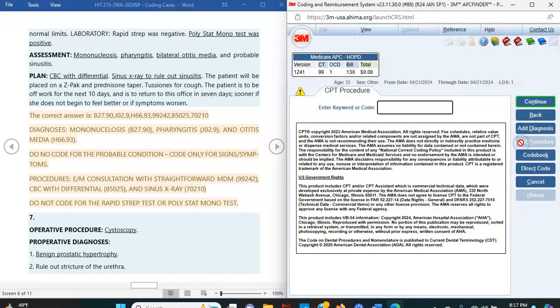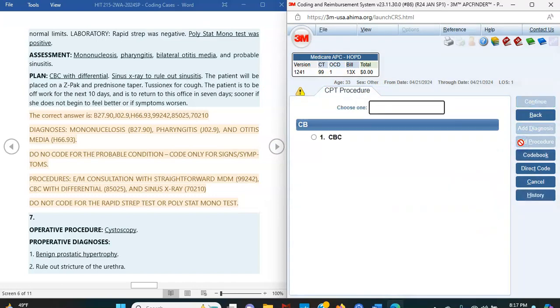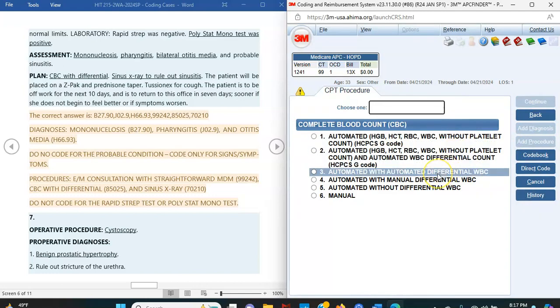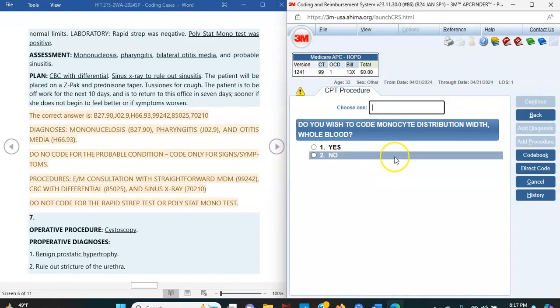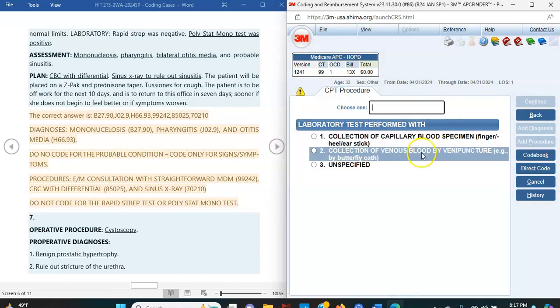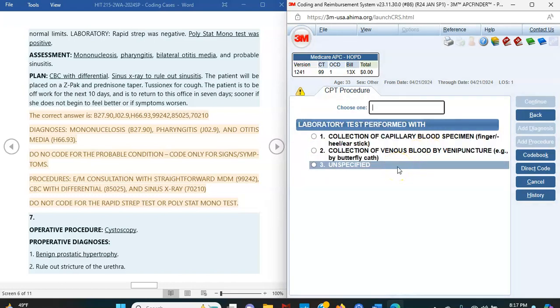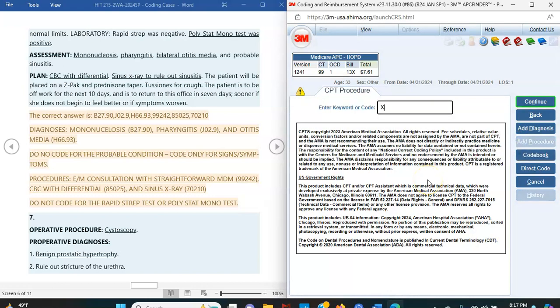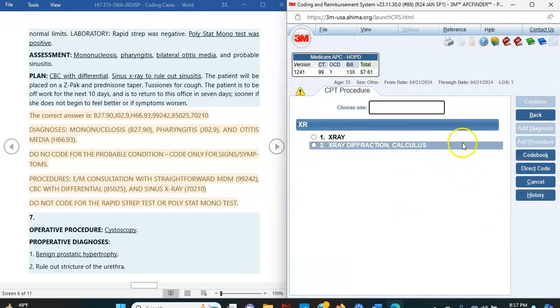So add procedure, CBC with automated differential, white blood cell, unspecified. That's going to give us the 85025. And then we're going to code the x-ray of the sinuses.